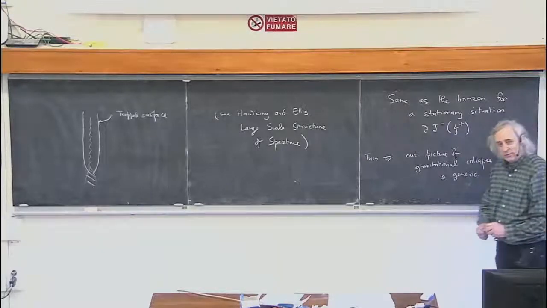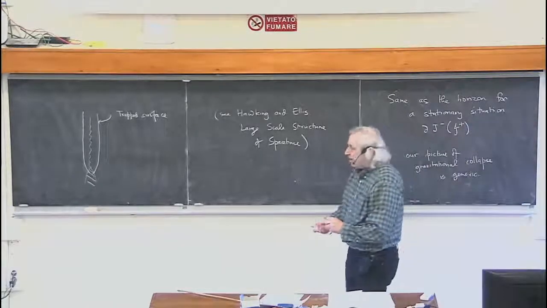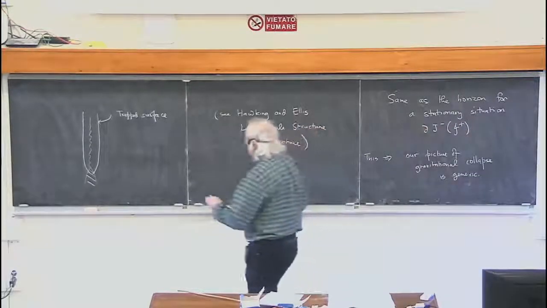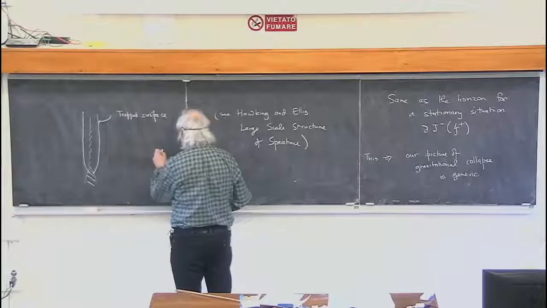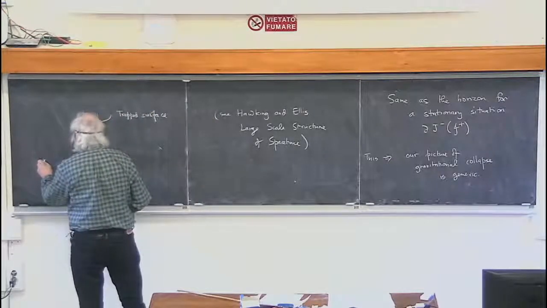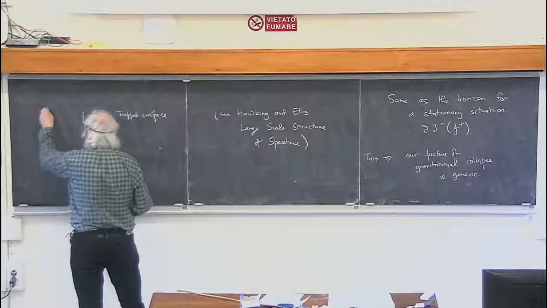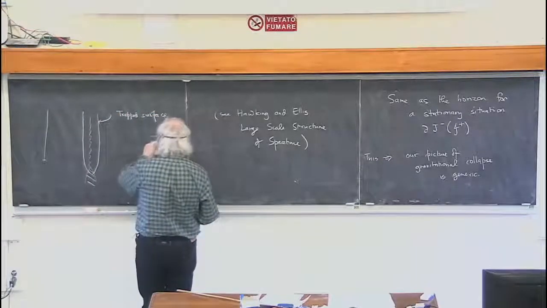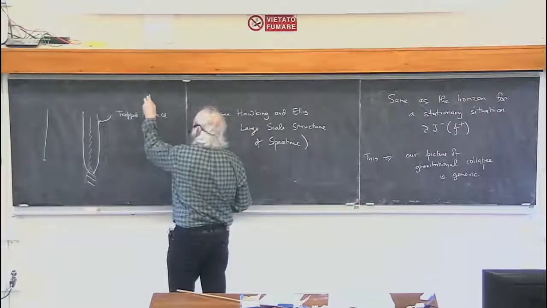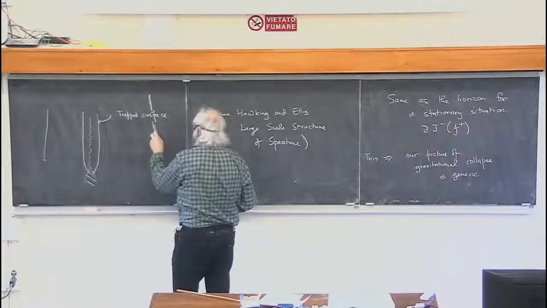However, let's change the rule of the game slightly and imagine that 1 billion light years away, somewhere out here, there was a very dense shell of matter which was also undergoing gravitational collapse. Something like this.